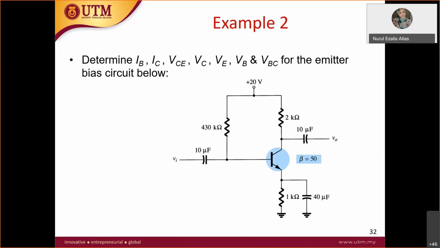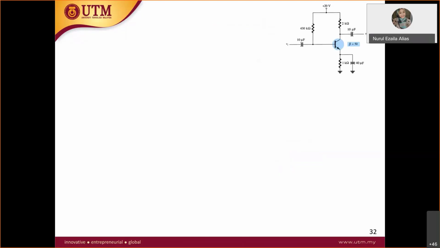And then from here, you will have to calculate all the DC values needed: IB, IC, VCE, VC, VE, VB, Z. So let's do it together. First step is open circuit all capacitors.